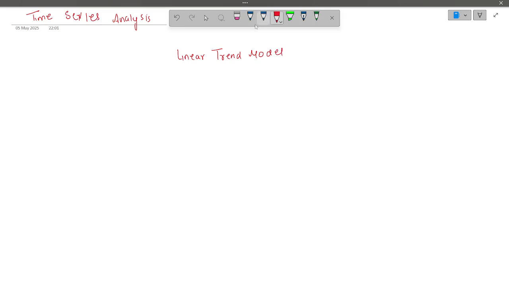Okay, so please note this down, ध्यान से लिखना. Here the dependent variable has a linear relationship with time. So now your model looks something like this. Your independent variable is your time here: y equals b0 plus b1 t plus e.